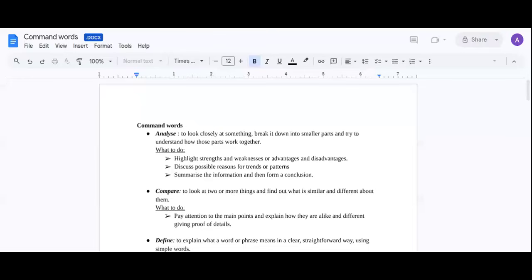Right, so let's look at some main command words. Of course, this is not all the command words that you will see in the paper, but it's the most common ones.